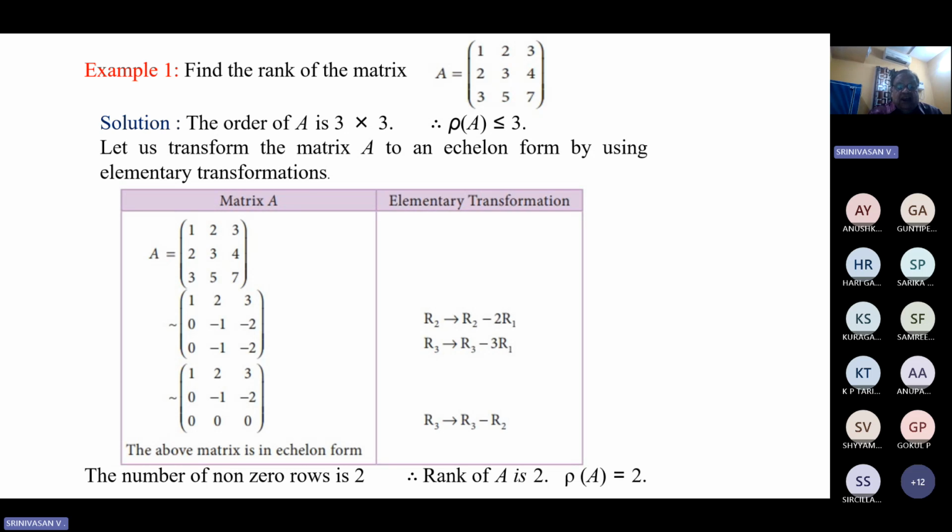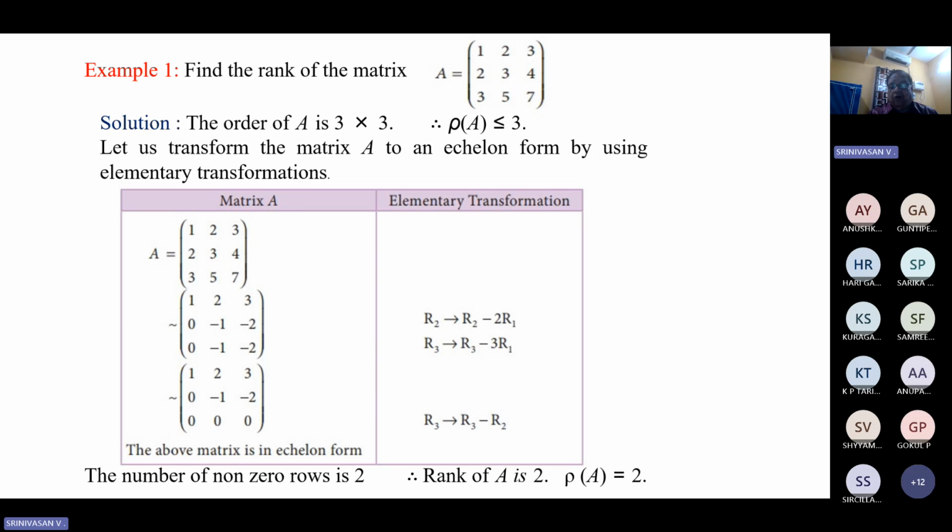Suppose you get a non-zero number here. Our aim is only to get 0 in the first column, and 0 in the second column of the third row. So you may get the third row, third column element as a non-zero number.